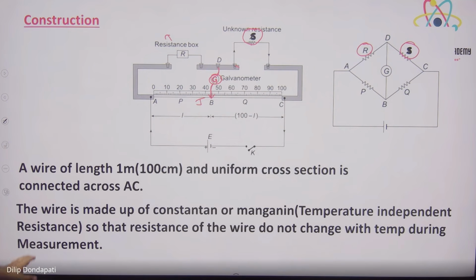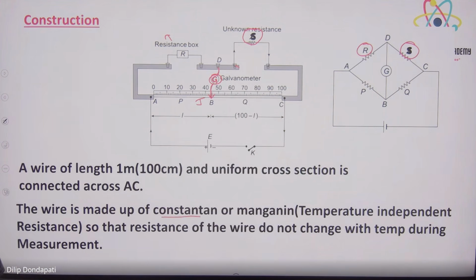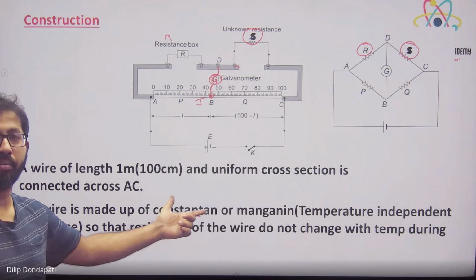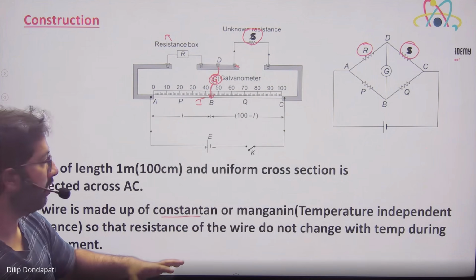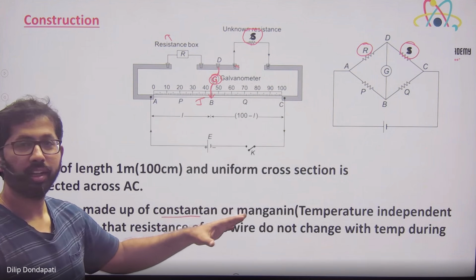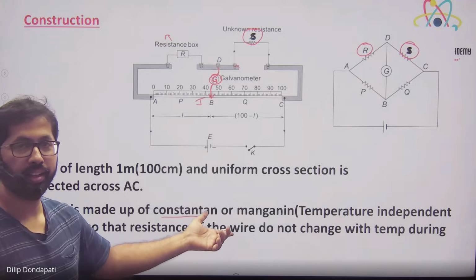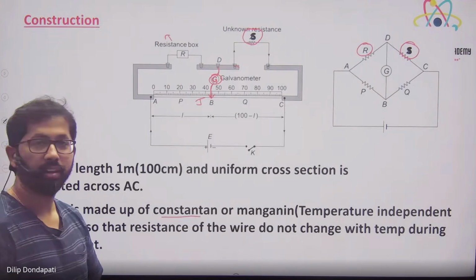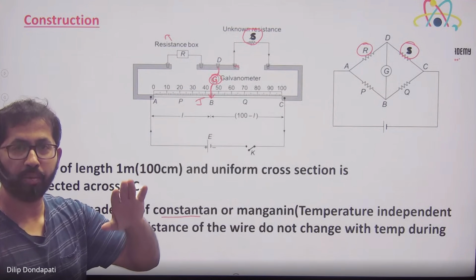Okay. Now a wire is made of constantan and manganin. Where did we study this one, constantan and manganin? Do you remember? Not semiconductors. In which topic did you learn this? We studied temperature, how the resistance R_T is equal to R naught into 1 plus alpha delta T, right?